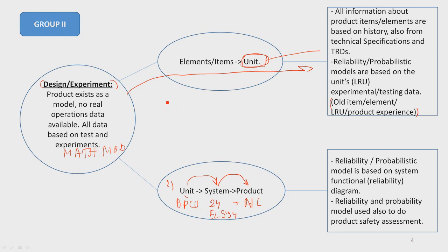Now, I would like to go for group 2, since group 2 is all about new product, right? I would like to go to a little more detail for this reason. Let's open our black screen. Okay, so before we start, let's put some structure here, right? We have item, element, LRU, unit.